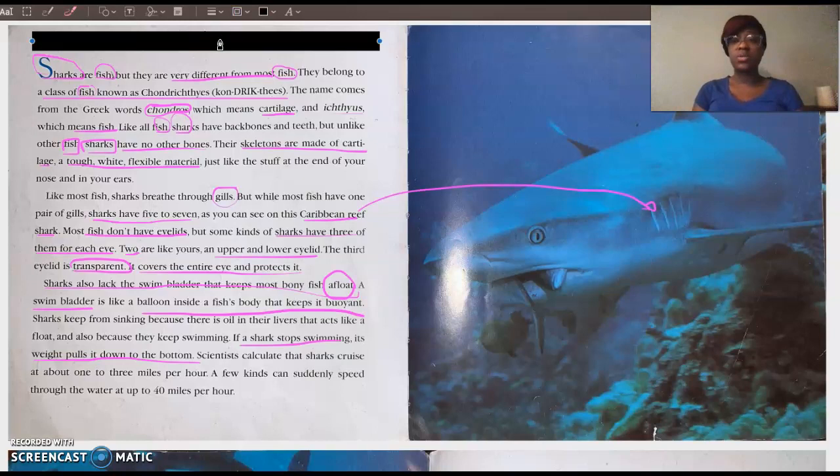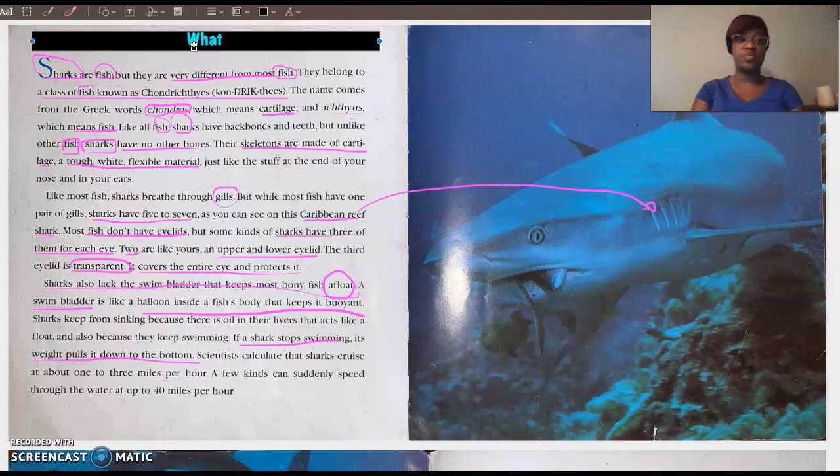So we learned about sharks being a fish. We learned about why they're known as a specific type of fish. We learned why they're different, right? And what makes a shark a shark. So, how about we name this section: What makes a shark different from other fish?